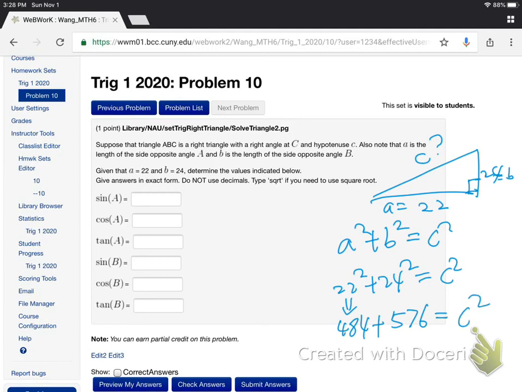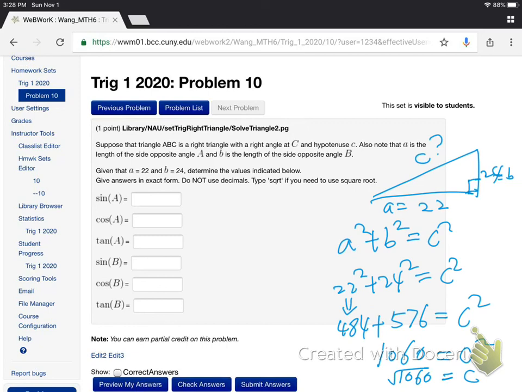So the sum is 1060. That's C squared. And you have to take the square root of that. That's C. Square root of 1060 is C.